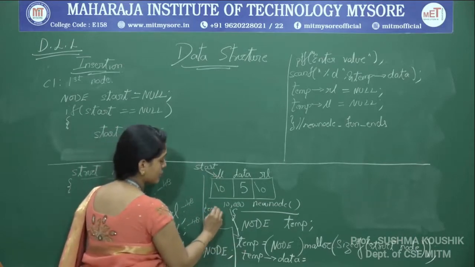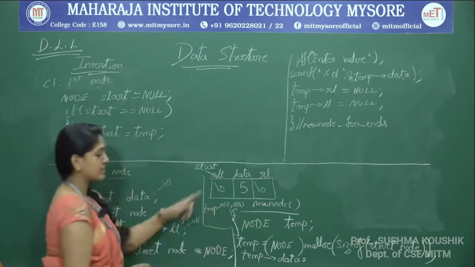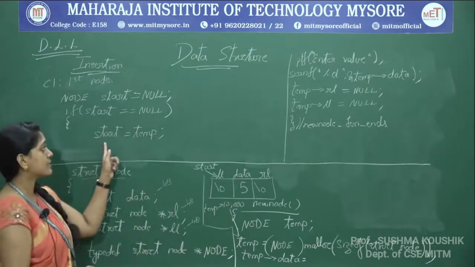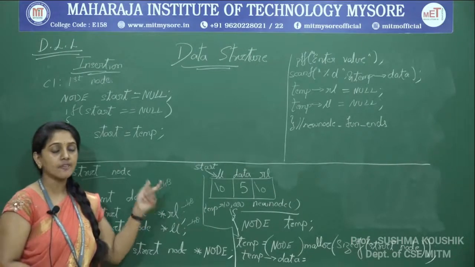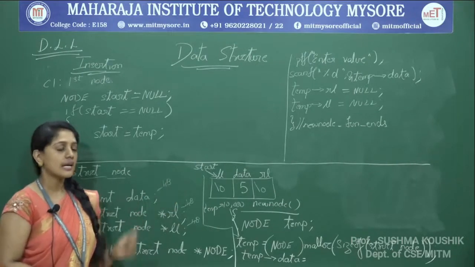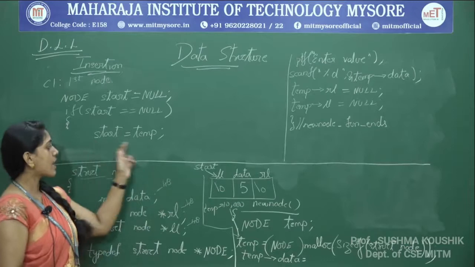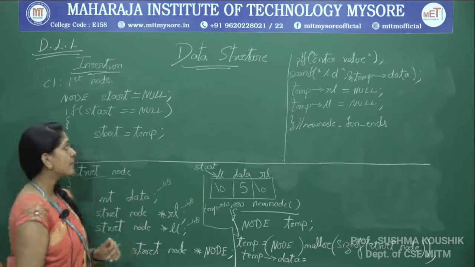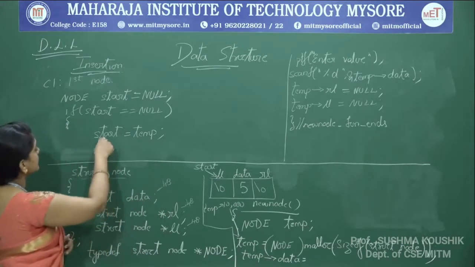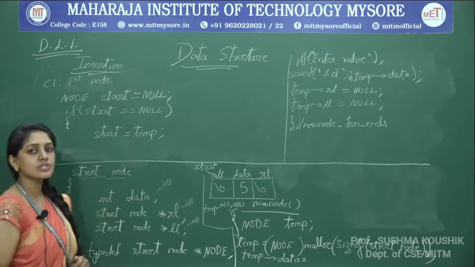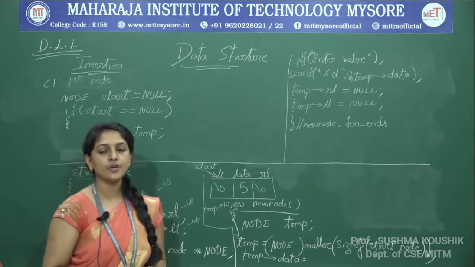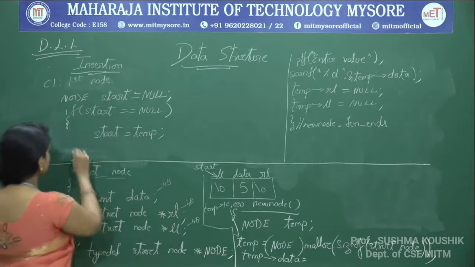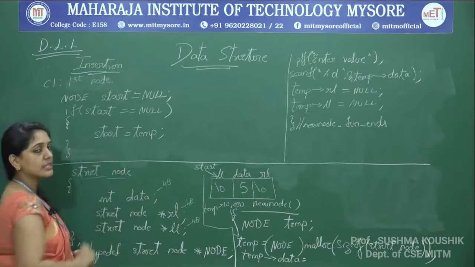Both the pointers are pointing. Since case 1 is the first node in the doubly linked list, we just write start is equal to temp. This is enough, and the start pointer I would have created outside all the functions, therefore it is globally accessible for all the functions. So this is case 1, first node creation.